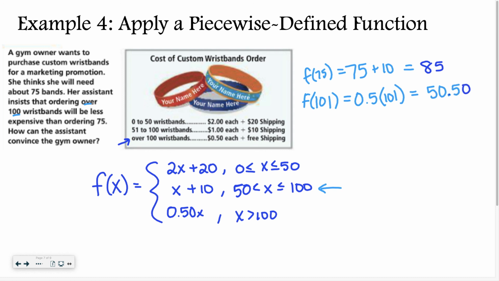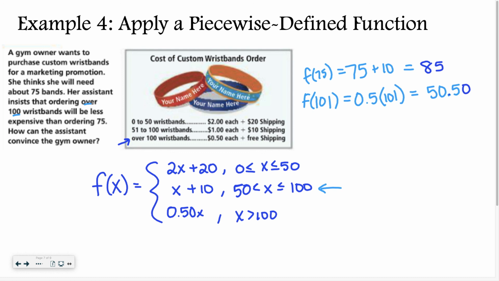So the assistant's right. If we order 101 wristbands, we're only going to pay $50.50. But if we order 75, we're going to pay $85. So you can see, because of these different tiers, it is actually cheaper to buy more. So that is the argument that the assistant could use to convince the gym owner.